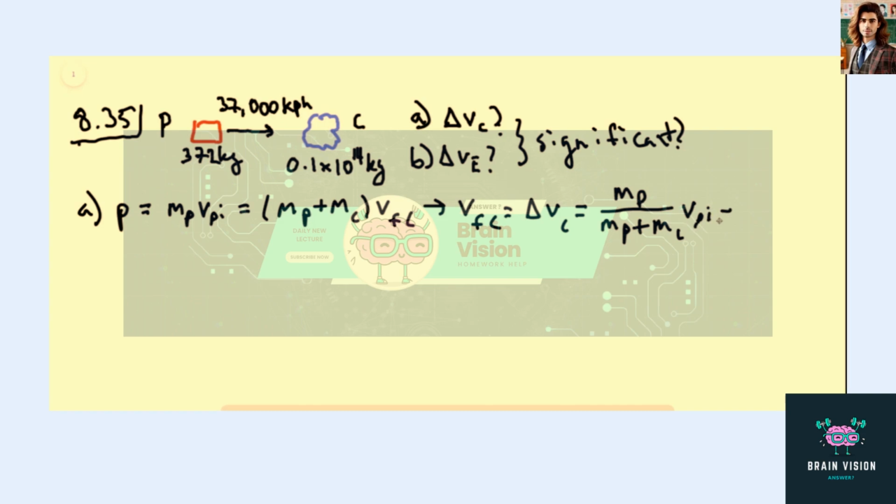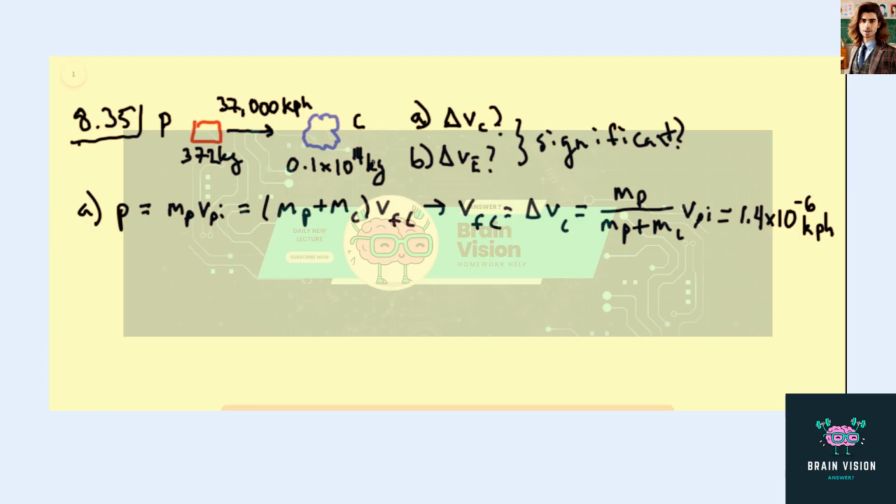of the probe. And plugging the numbers in, the initial speed of the probe is quite high, but the mass of the comet is going to be what ends up dominating the value we get here, because 10 to the 14th kilograms is gigantic. And so this works out to be 1.4 times 10 to the negative 6th kilometers per hour.